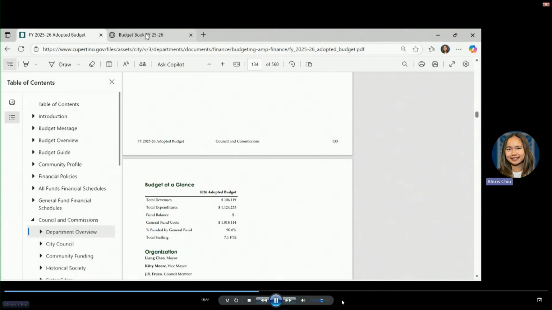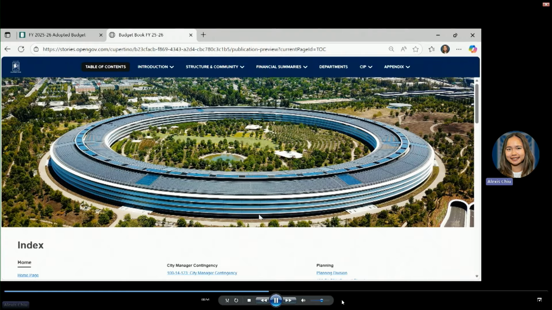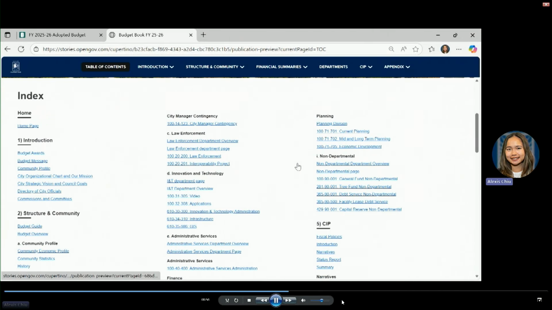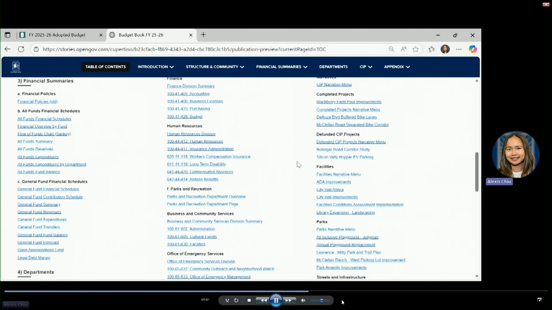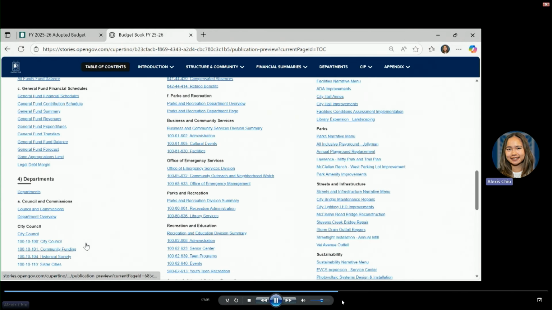But on the publication, our table of contents page looks like this. And again, it also is linked to every single page that we have here in this publication, which mirrors the PDF budget. But if we wanted to go into the department overview of the council and commissions, we would find that page here under departments and council and commissions.